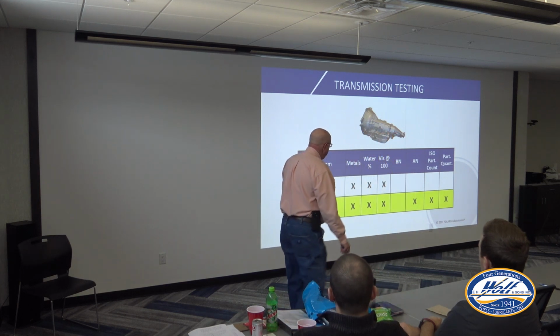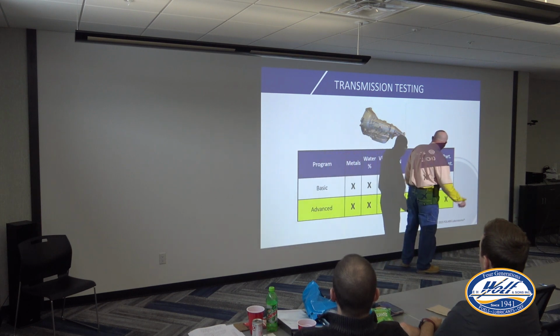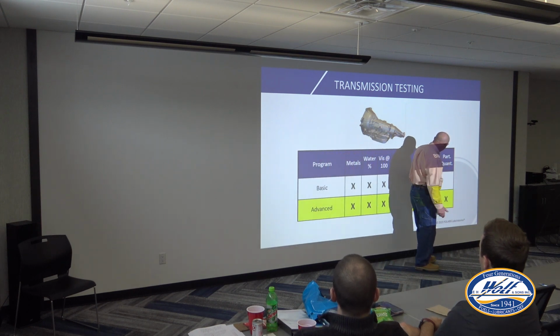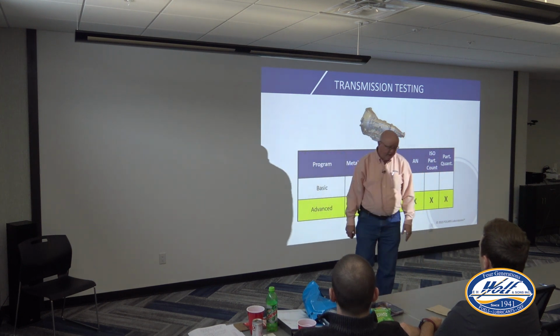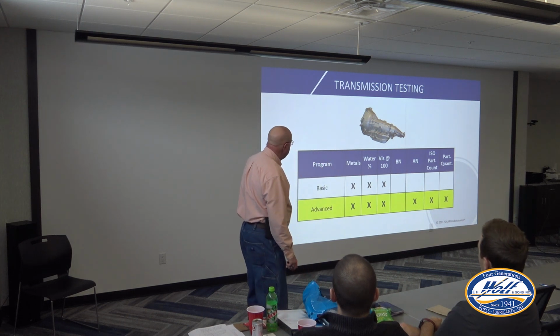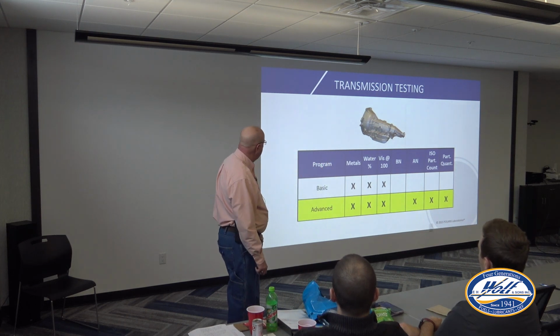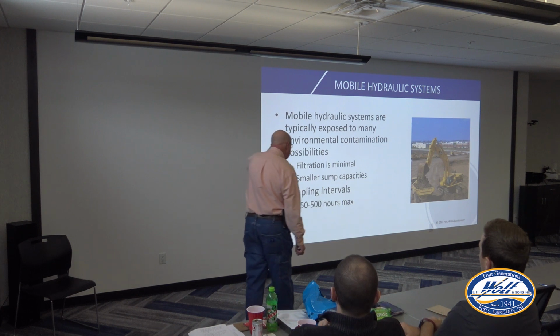For the isoparticle count, we're going to look at what rating it is, 26, 18, 13, whatever it is. For the PQ, we're going to look at how much ferrous material is in there and how large it is. So we typically run the isoparticle count and the PQ. If you just wanted to run isoparticle count, I'd be okay with that, but we're going to do the advanced testing. On the mobile hydraulics, a lot of times the equipment can be exposed.